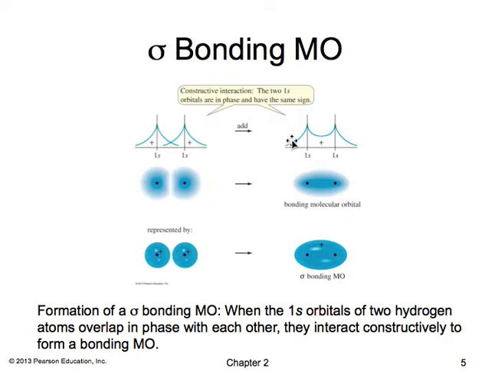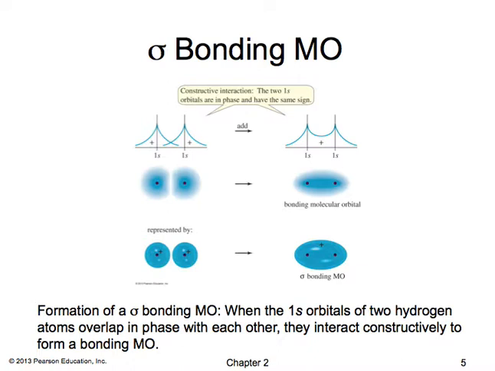When you add them together, the overlap area is positive, and this is your bonding molecular orbital. This would be a sigma bond between two s orbitals.